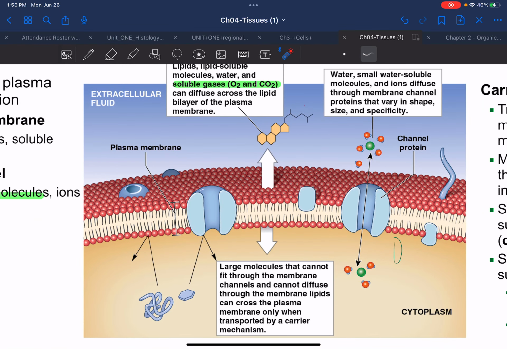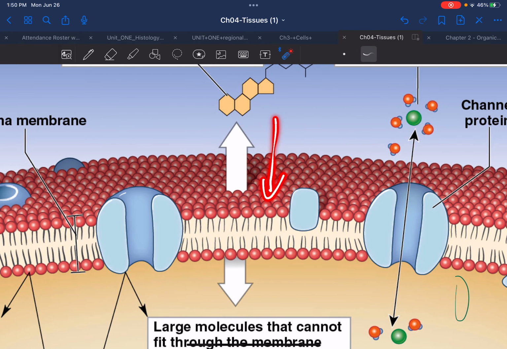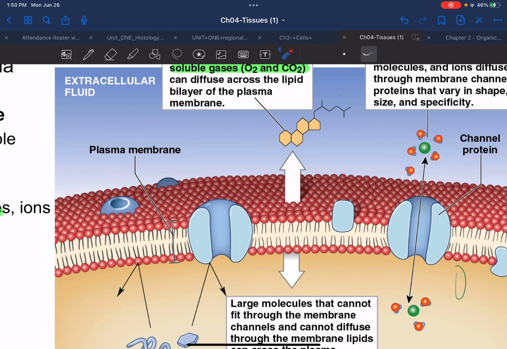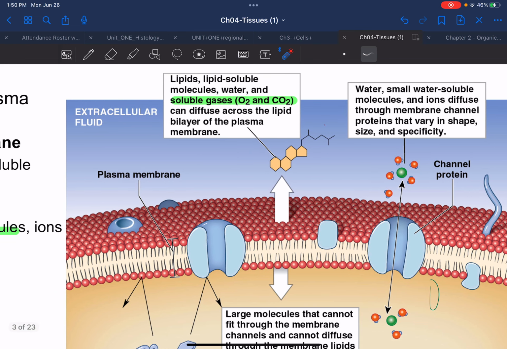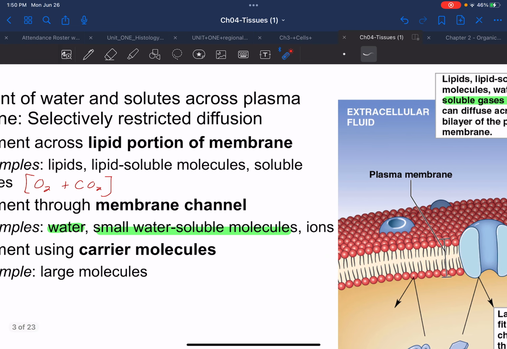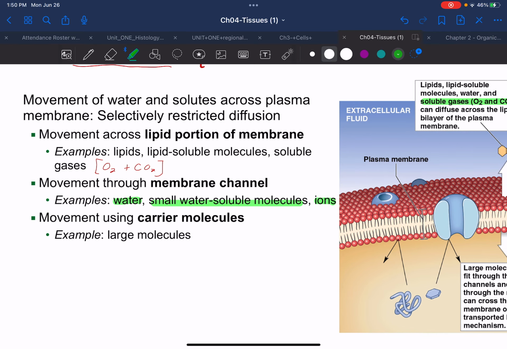And so sometimes the cell can't wait for it to just go through here. It just can't wait. It needs channel proteins to always provide a readily available source of water. Ions as well, such as the salt that we learned about, sodium or chloride, go through these membrane channels as well.